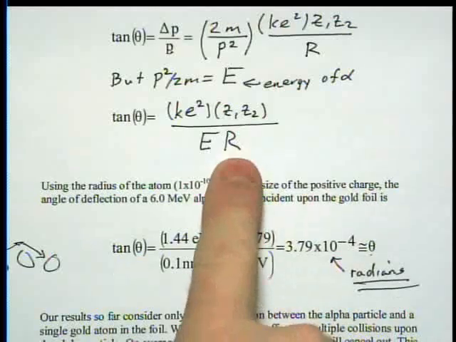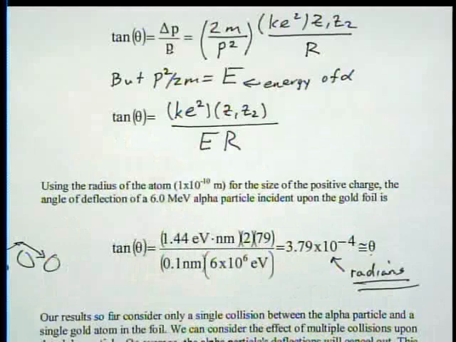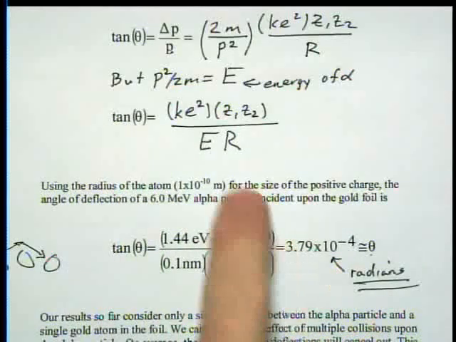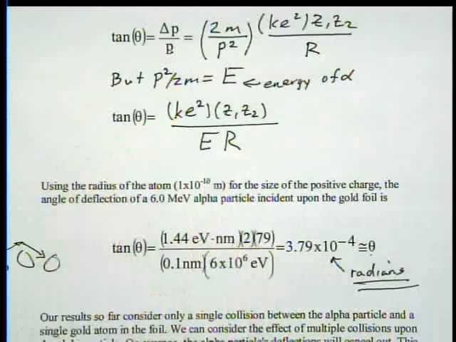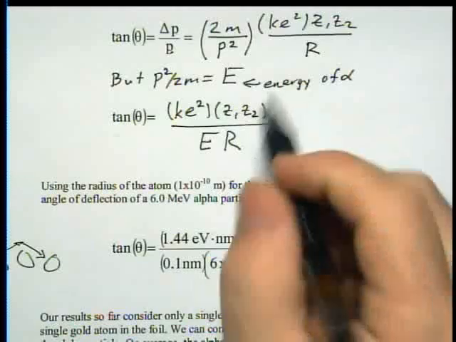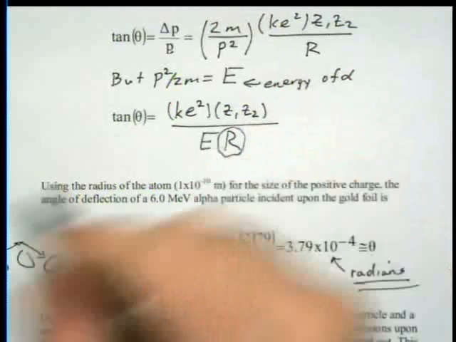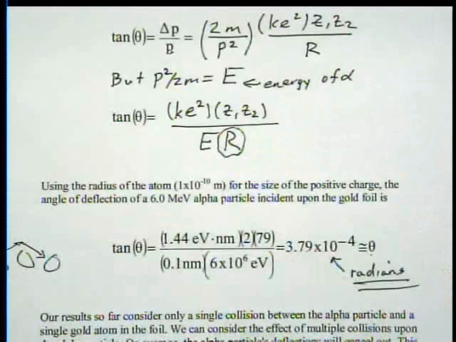What can I do to R to make this number become bigger? Make it smaller. So if I was to shrink R smaller, then the angle would become bigger and I get bigger deflections. He just figured out how small he needed to make R. That's where you put the positive charge. And hence you come up with the nucleus.